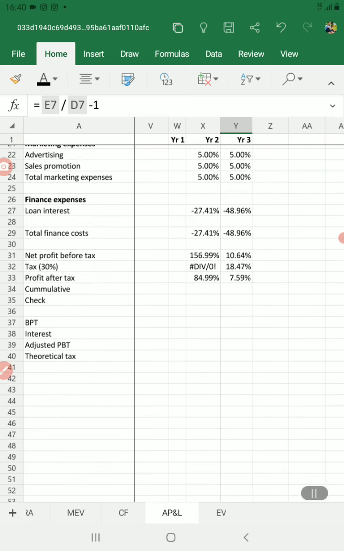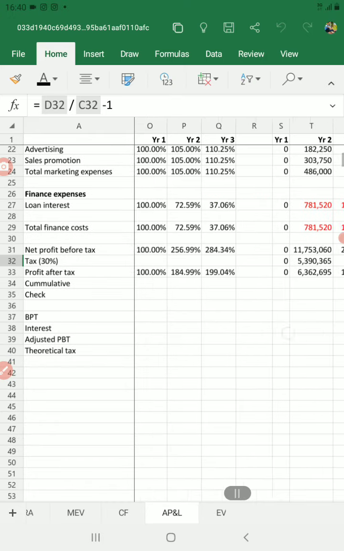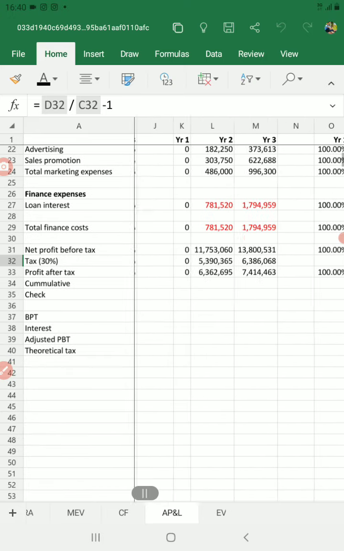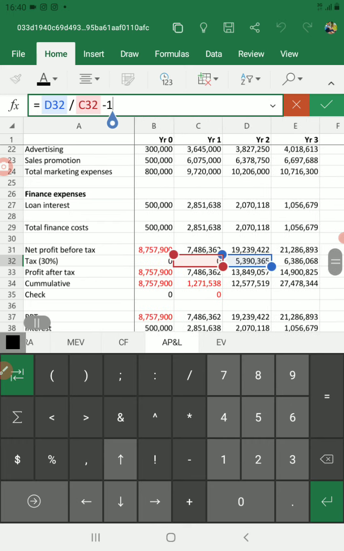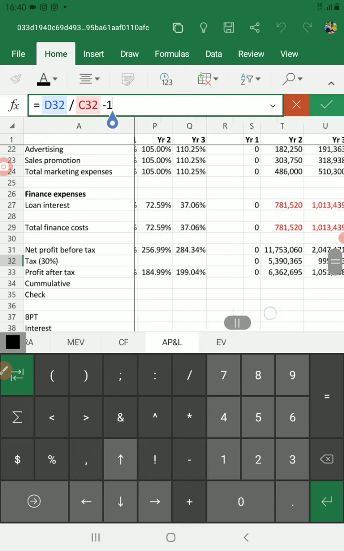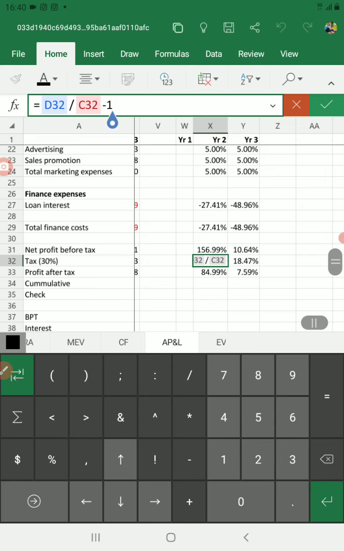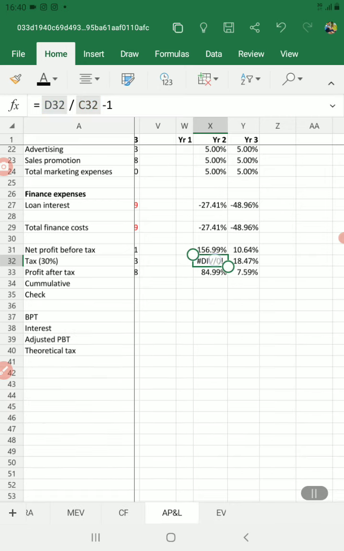Of course, here we have div because of the 0 element. As we see, if I click on the formula bar here, we have taken this divided by previous year, which is 0. That's why there is div. So this one is not applicable here, so I can clear this.